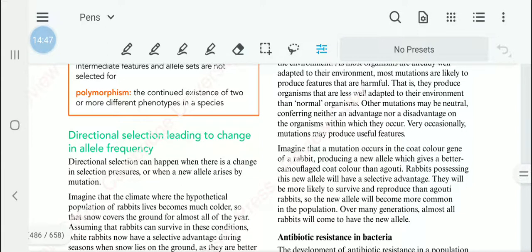Directional change can happen when there is a change in selection pressure.